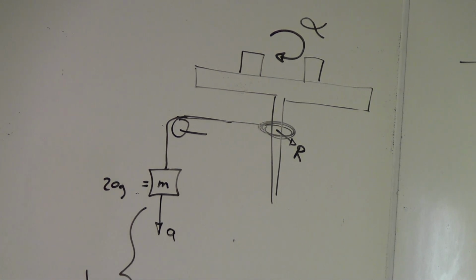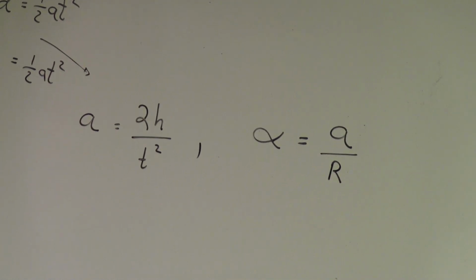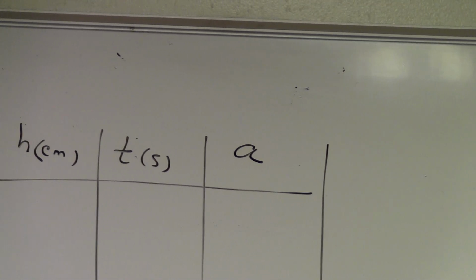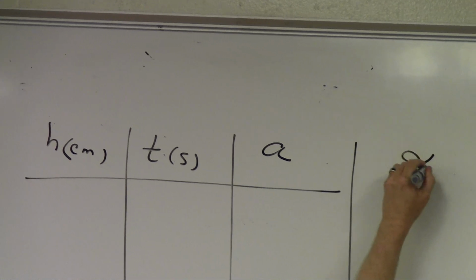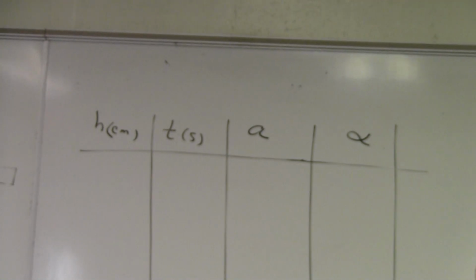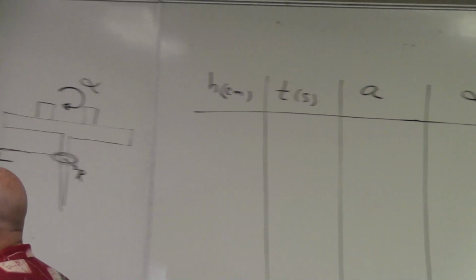And yes, it is. And so in this little chart right here, once you get the translational acceleration, your next step is to get the angular acceleration. And so that's the first two equations.